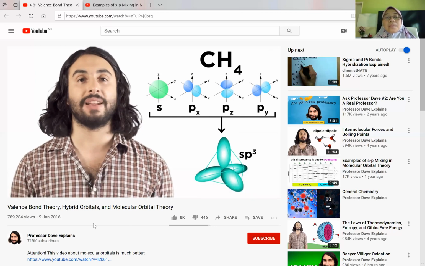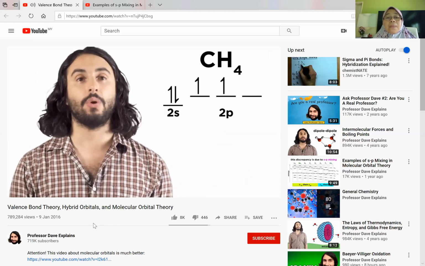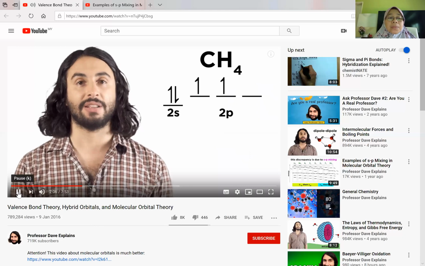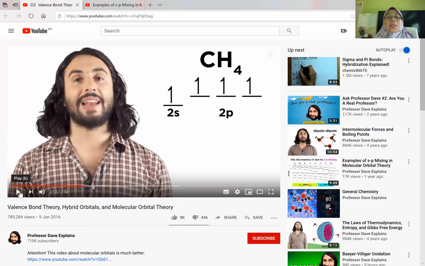sp3 hybridized molecular orbitals. In order for carbon to hybridize its orbitals, it must first promote one of the 2s electrons up to the vacant 2p orbital. Then, right. So this is a very important concept. In order for carbon to accommodate electrons from hydrogen, it has to provide empty space, 4 empty spaces.